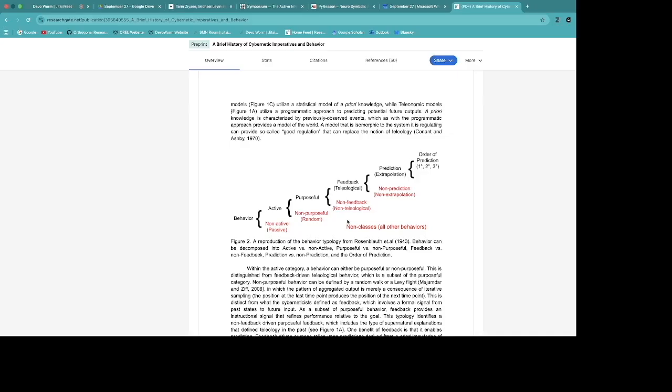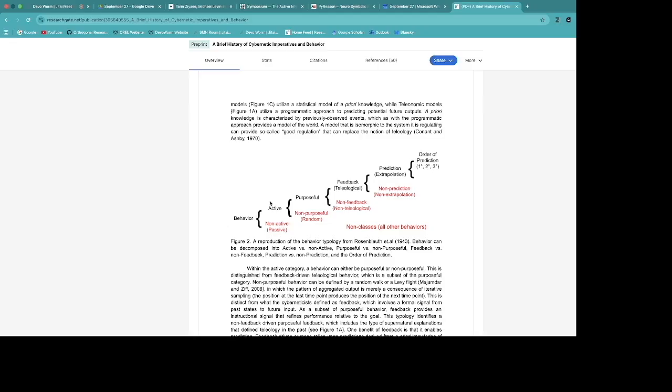And so as we recall, we decompose behavior into things like active behavior, purposeful behavior, teleological behaviors like feedback, extrapolative behaviors like prediction, and then orders of prediction. And then everything else in each stage of this is a non-category or a non-class.